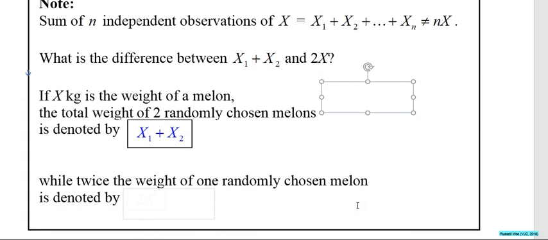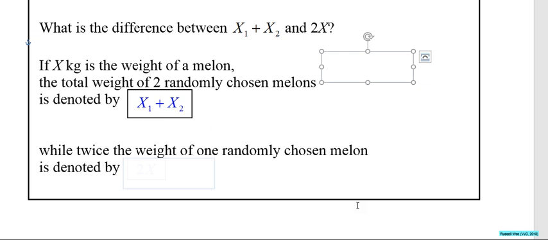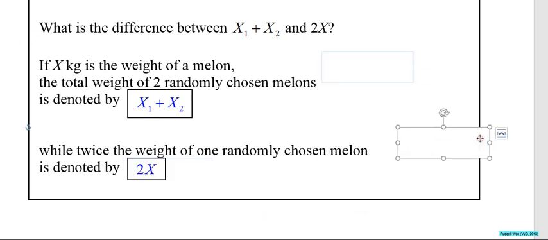Whereas twice the weight of one randomly chosen melon is 2x. There is a difference. Just like what we talked about earlier, the radius of one plus the radius of another versus the radius of 1 times 2, which is the diameter.